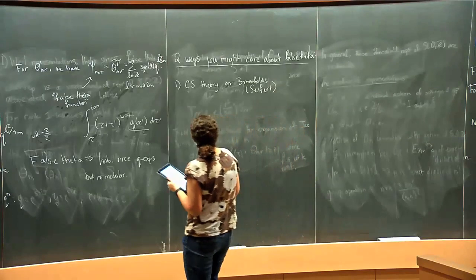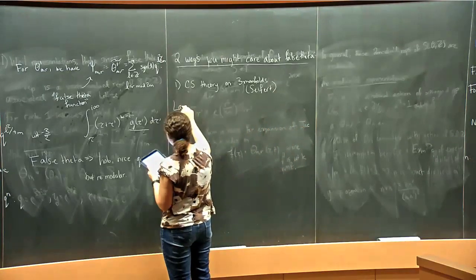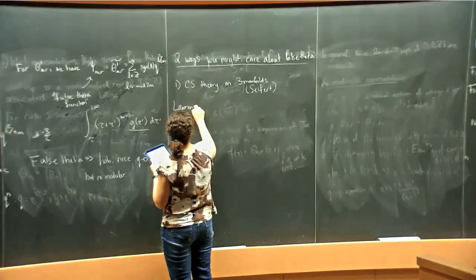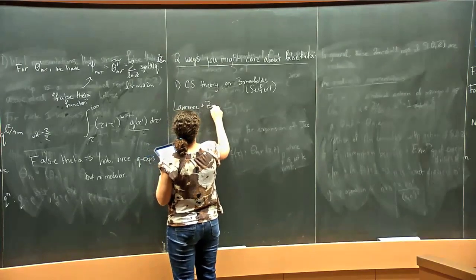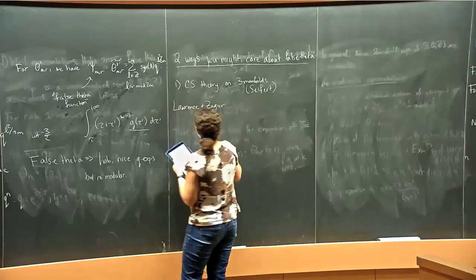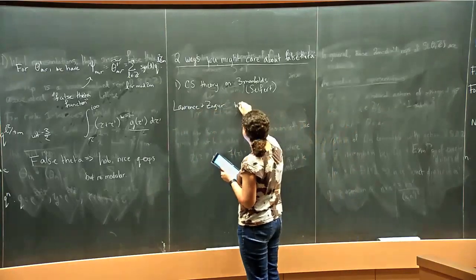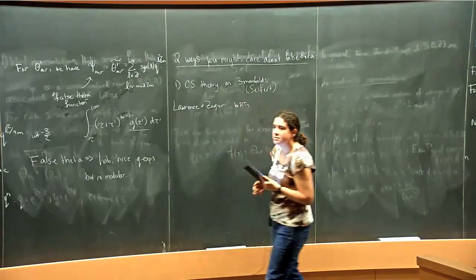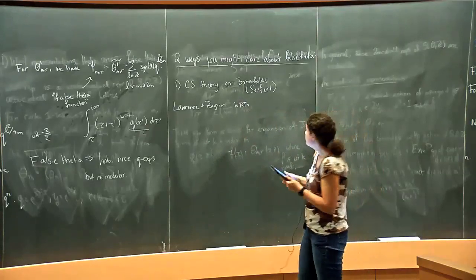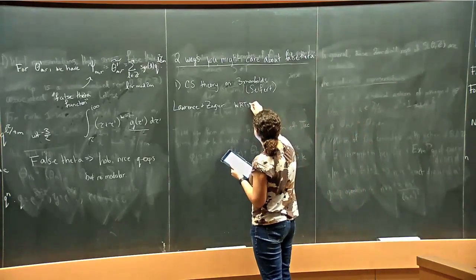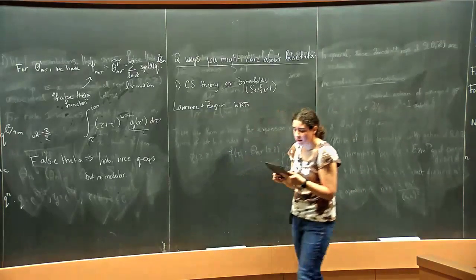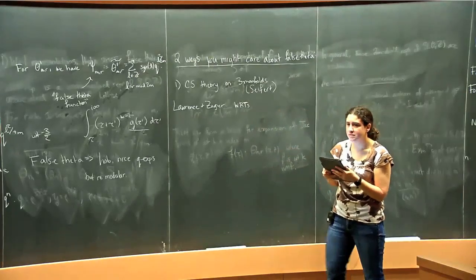And this goes back to Lawrence and Zagier, who considered the WRT invariant of the simple example of a Seifert 3-manifold, which is the integer homology sphere, the Poincare sphere.